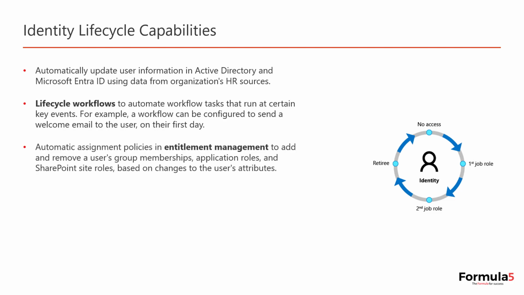There are automatic assignment policies in entitlement management to add and remove a user's group memberships, application roles, and SharePoint site roles based on changes to the user's attributes. There is user provisioning to create, update, and remove user accounts in other applications.